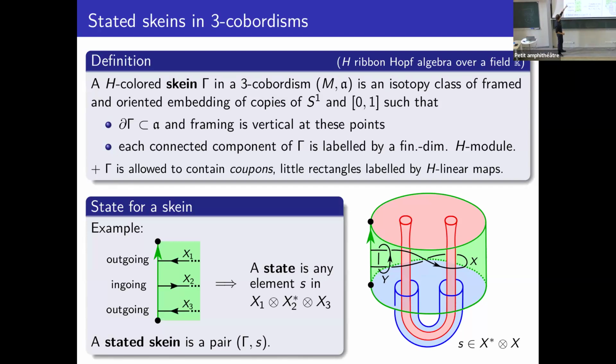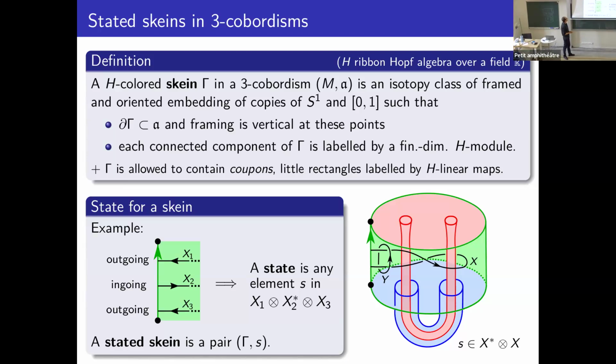Okay, so here you have outgoing, ingoing, outgoing. You also have colors, x1, x2, x3. Then a state will be an element in this space. So here you have x1 outgoing, so it gives you x1. Here you have x2 ingoing, so you have x2 dual, and x3 outgoing, so you have x3. Okay, so a state will be an element of this vector space here.